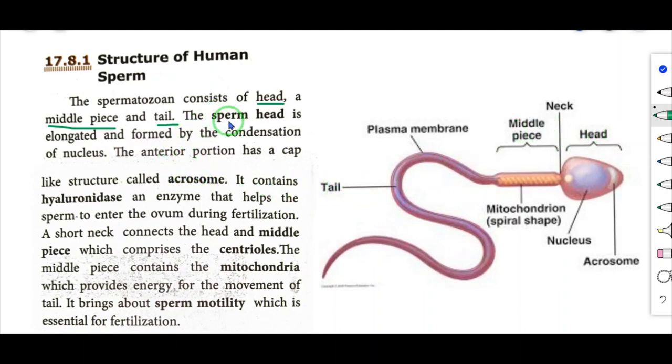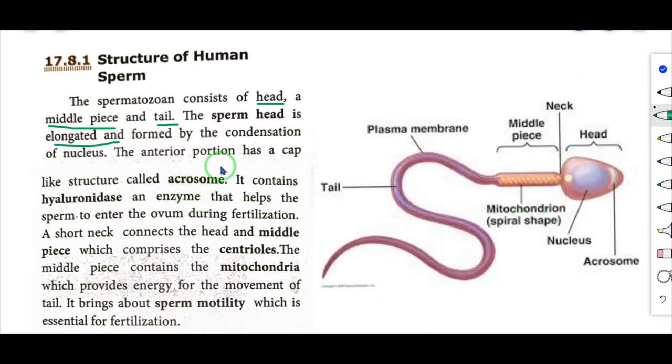The sperm head is elongated and formed by the condensation of nucleus. Inside the head, the nucleus is present.